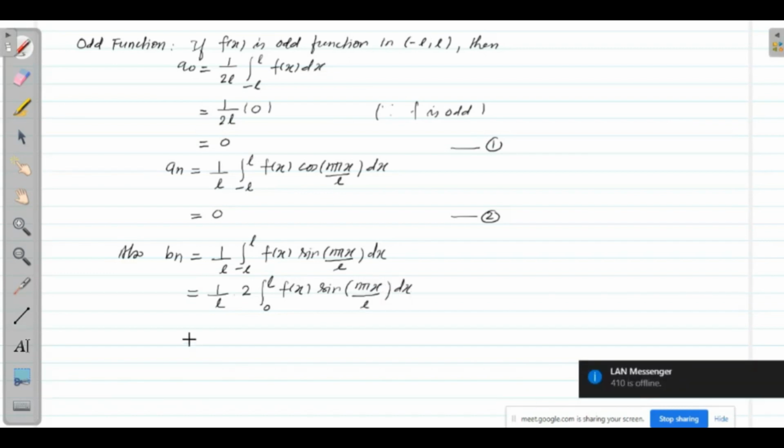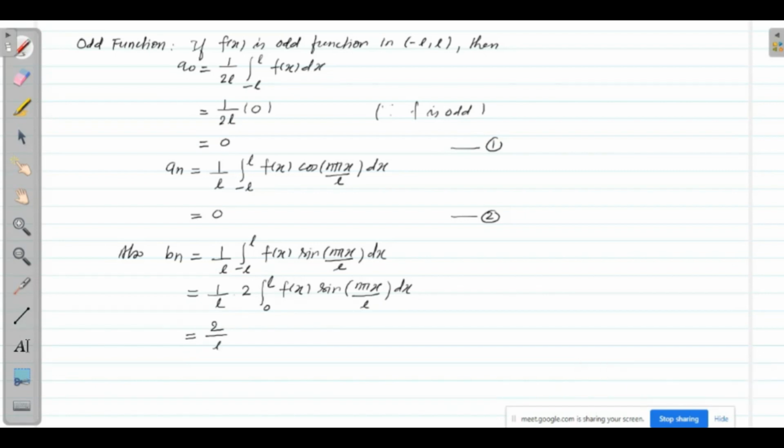So write it in a systematic way. So bn will be 2 by L integration of limit 0 to L, f of x sin n pi x by L dx. Name this equation number 3.